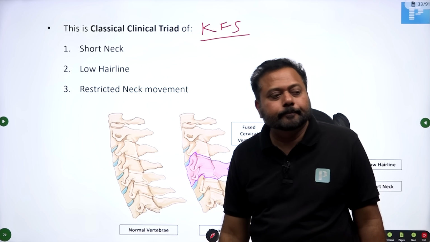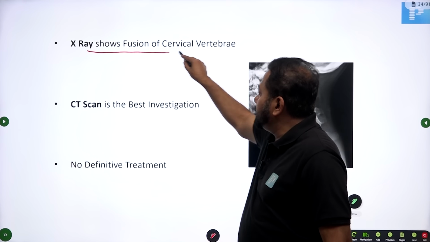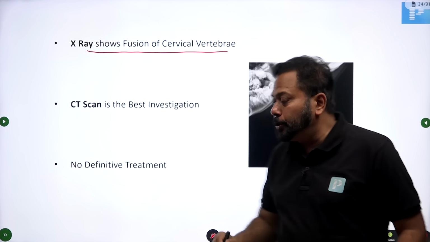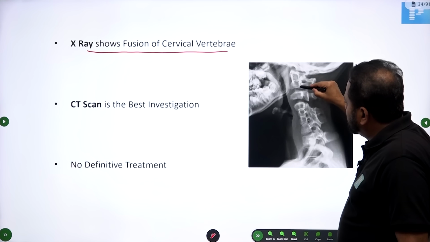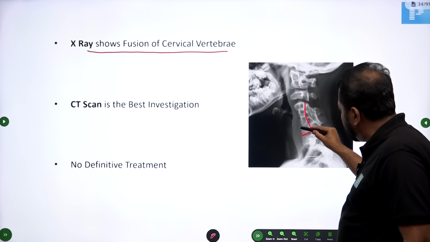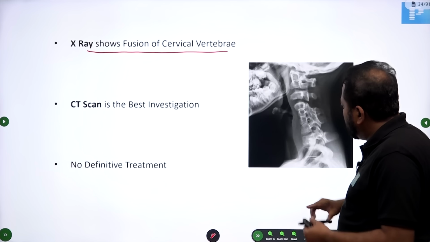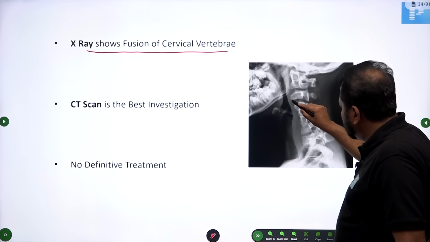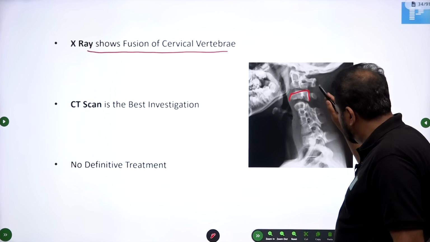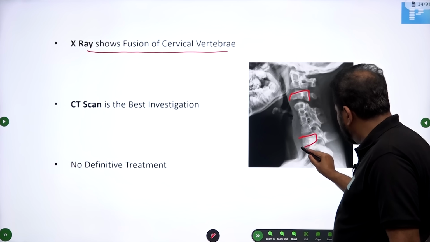In Klippel-Feil syndrome, when you take an X-ray of the cervical vertebrae, as I told you, all the cervical vertebrae are fused into one unit. You see here, these two vertebrae look separate, and these vertebrae got fused together, so they look like a block vertebra. And this goes by a name. Here the vertebra is broad, and in the lower part also the vertebra is comparatively broader.